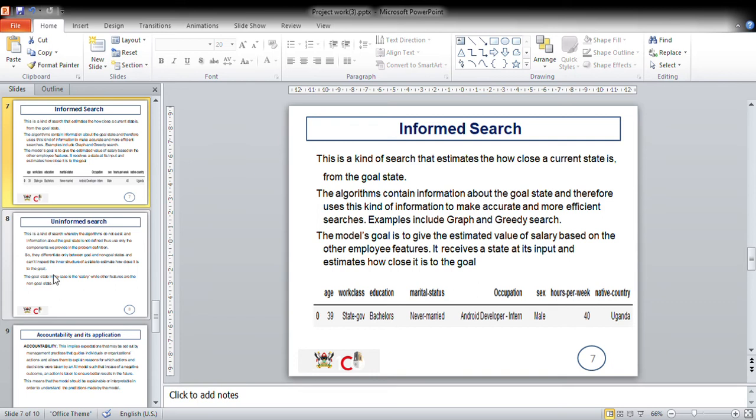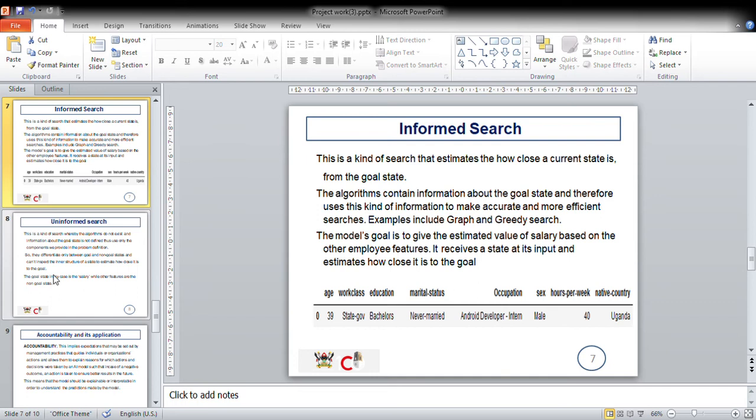The age, let's say an employee is in an age group of 90 years, or maybe let's break it down to 50 years. My model will go ahead to filter out information about all the employees that are exactly 50 years, and then provide information for only those that are 50 years.